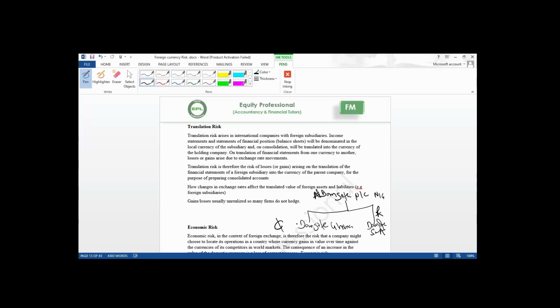Assets and liabilities of Dangote South Africa denominated in rand will be translated to naira, the currency of the parent company. In the process of translating assets and liabilities in foreign currency to the currency of the parent company, that will give rise to translation risk.